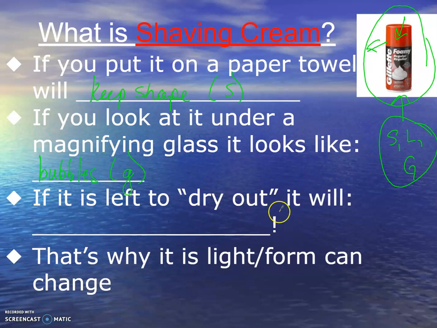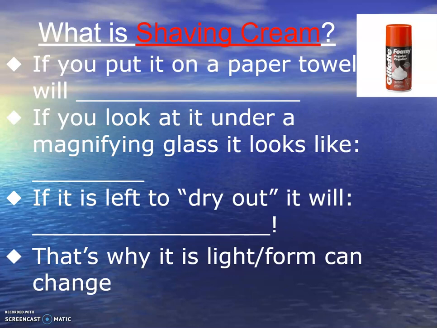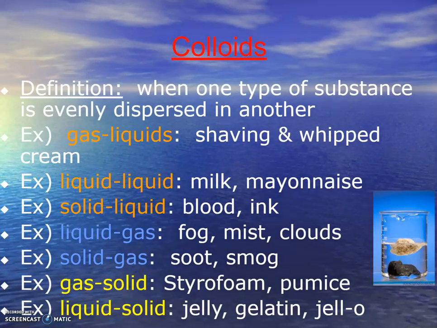And if it's left out to dry out, it will leave this sticky gel behind. So if it's drying out, maybe the liquid left. So what is shaving cream? Shaving cream is going to be a gas liquid colloid.